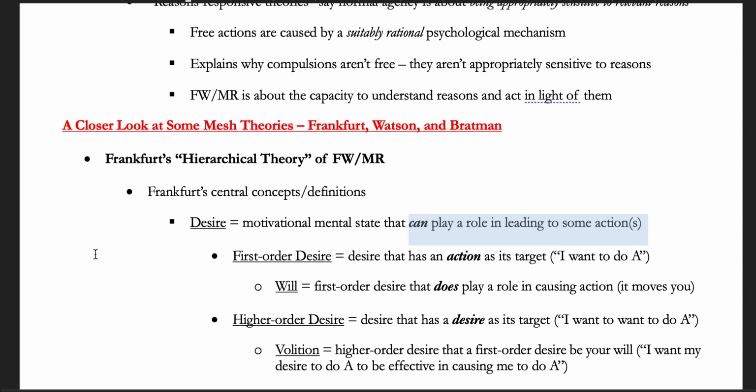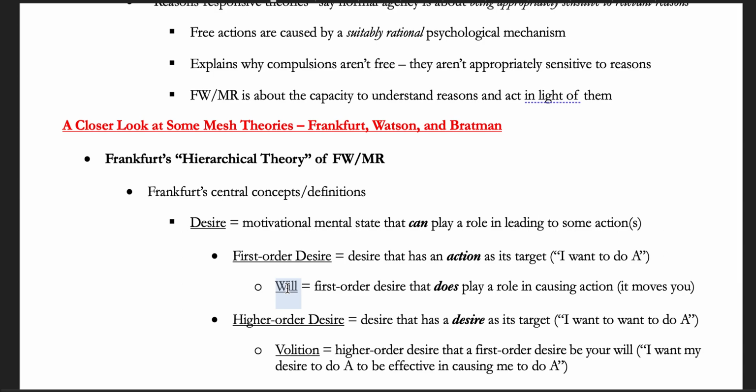And therefore, you can have desires that don't play a role in leading to your action. Because if I desire to drink coffee and I desire not to drink coffee, maybe because I'm trying to quit, but I also still like it, so I want it, and then let's say I end up drinking the coffee, well, then my desire to not drink coffee didn't play any role really in my action, right? In a certain sense. Okay, so a first order desire is a desire like I want to do A or X or B or C or whatever. And a first order desire, a desire to do something that does actually play a role in your action, a desire that moves you, he calls your will.